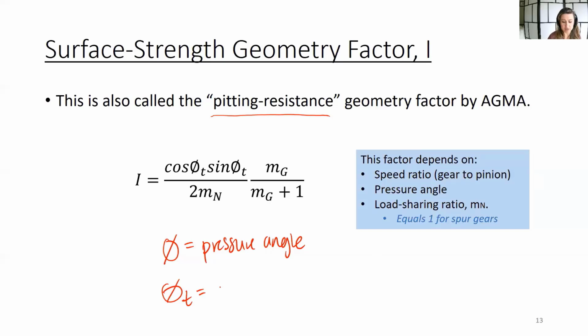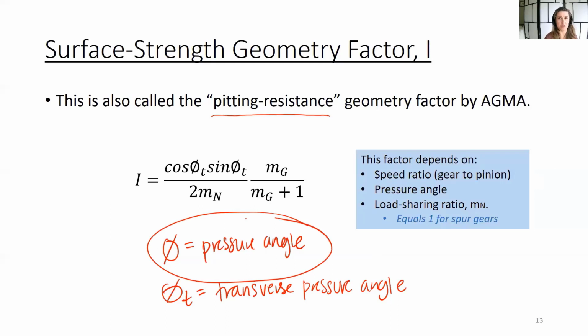So this is referring to the transverse pressure angle, or the pressure angle on the transverse plane. For spur gears, it's just the pressure angle. We're either going to have 25 or 20, most common 20. So 20 degrees you put in there.